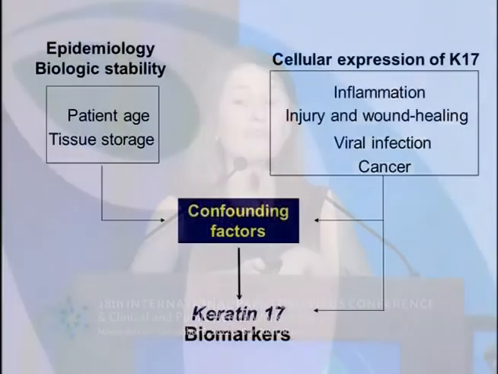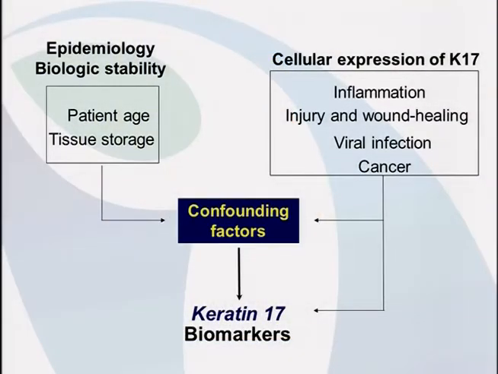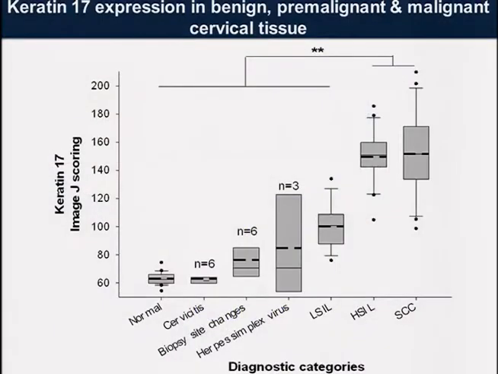Then we tested the conditions that have been reported to trigger keratin 17 expression. For this, we selected cases of normal cervical mucosa, cervicitis, which implies acute and chronic inflammation in the cervix, and biopsy site changes, which is a category for pathologists of a wound healing process going on. Two types of viral infections can occur in the cervix: the first one is HPV, and the other one is herpes simplex virus.